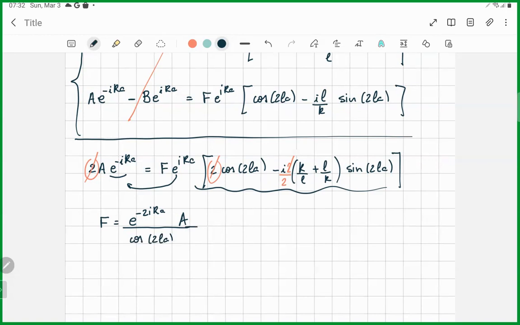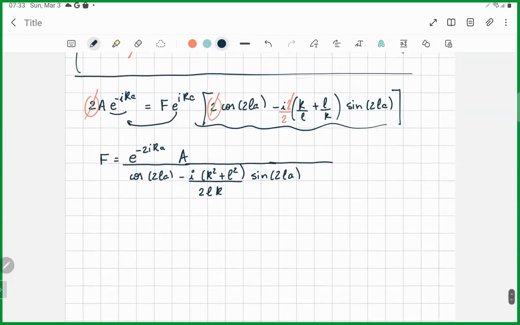This is a long term, so let me make it bigger here. And then we have minus I. We can put everything divided by the common denominator, LK, and there is a number 2 as well. And then we have K squared plus L squared, and sine of 2LA.